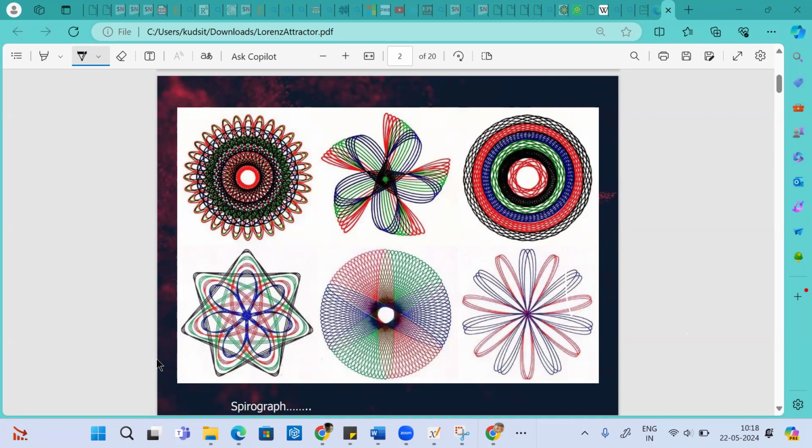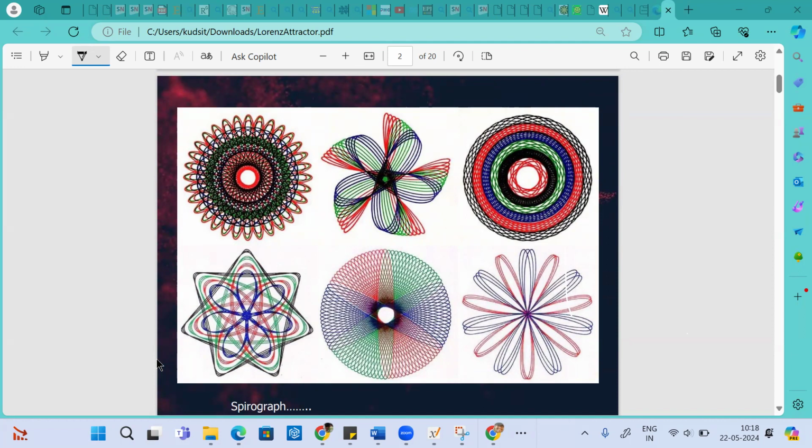So these are loops, but we are going to look into something that infinitely never reaches its initial point.